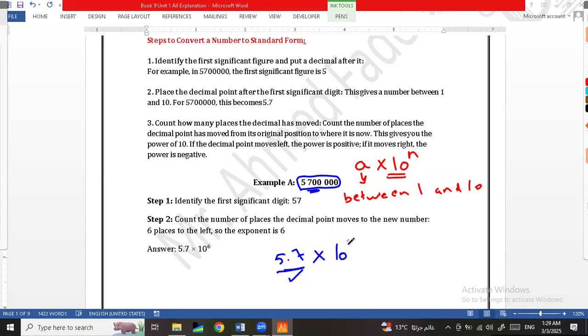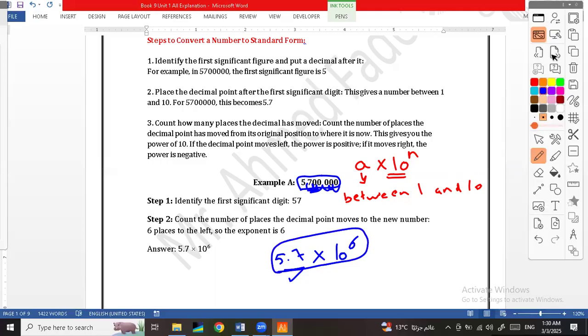We need to multiply by 10 to the power of a positive number, because I need to make it bigger, equivalent to something that is bigger. So definitely the power is going to be positive. But what is the index? Let's see. It's 5.7, and I need to move the decimal point one digit, two, three, four, five, six. So it is 10 to the power of 6. And this is how we write the standard form.